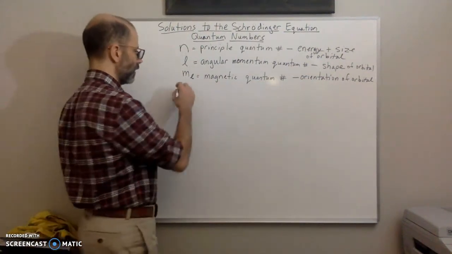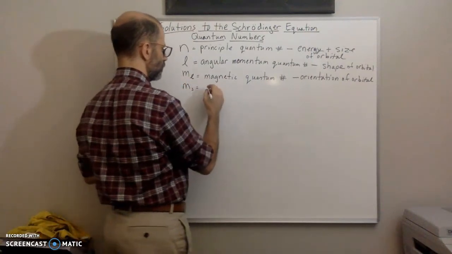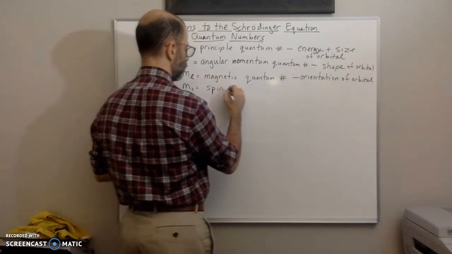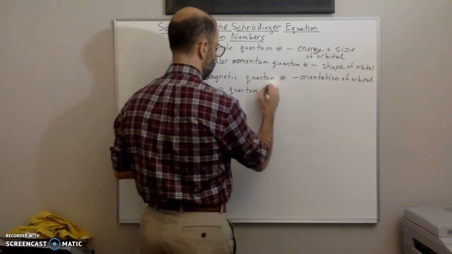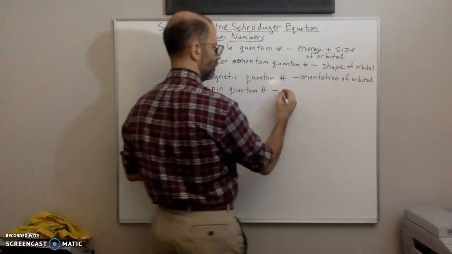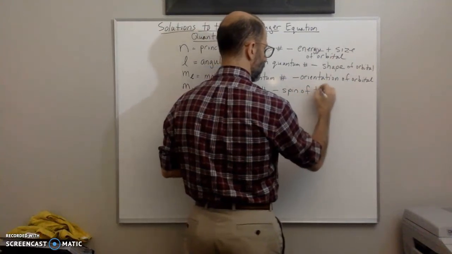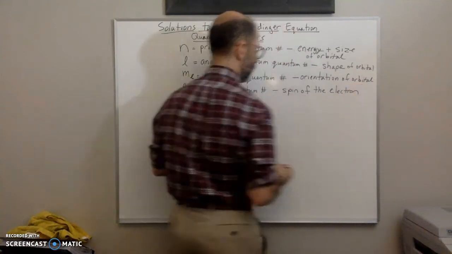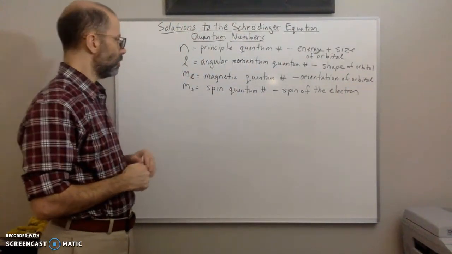And then finally the fourth one is m sub s, which is the spin quantum number. It refers to the spin of the electron itself.